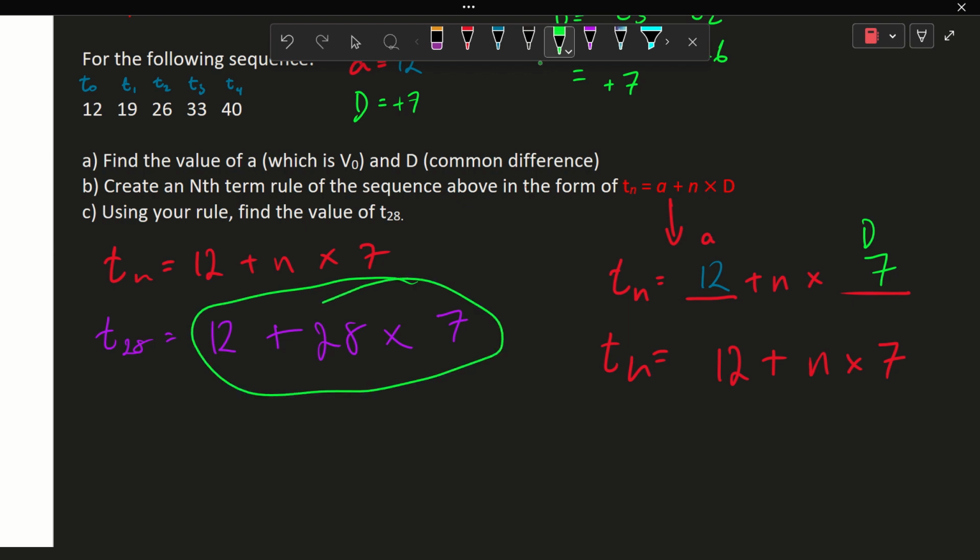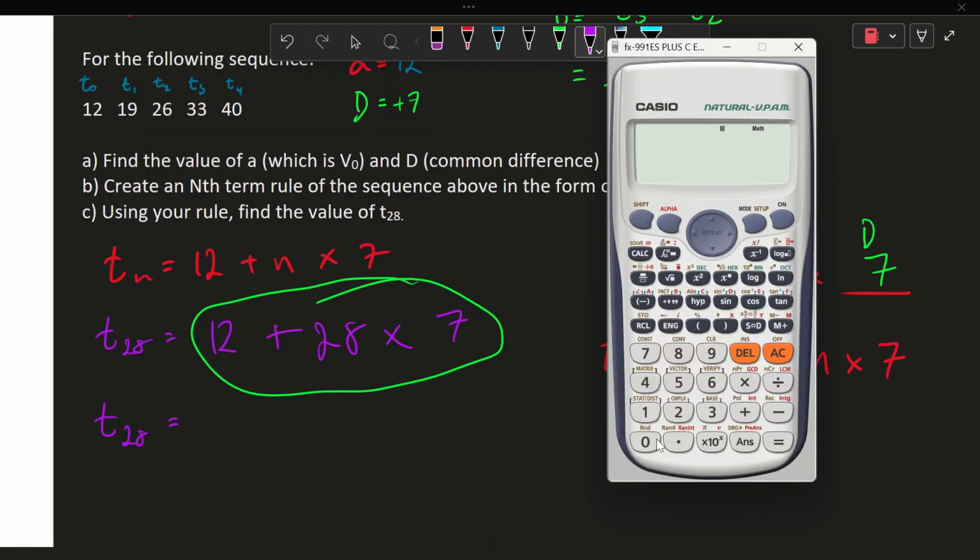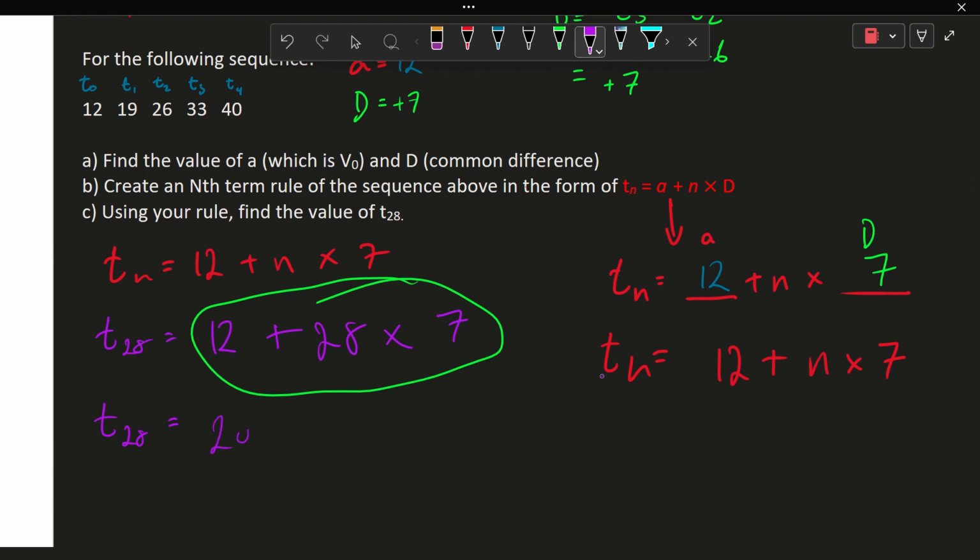Just that. That's it. So that means the value of T28, or term 28, is going to be, let's confirm that, 12 plus 28 times 7. 208. Easy. Thank you, Attila.